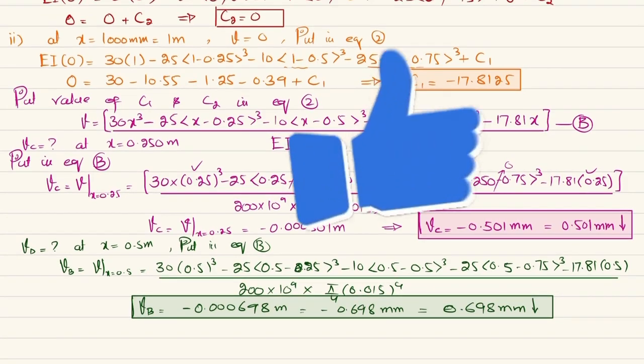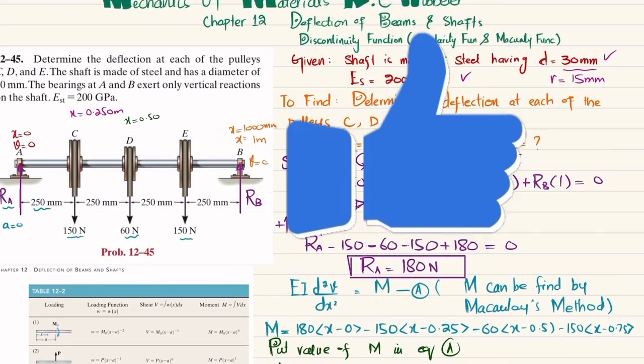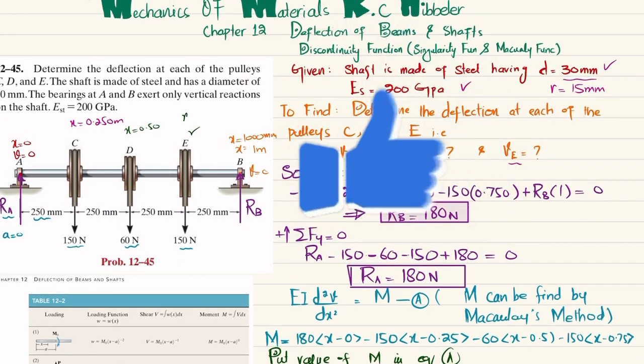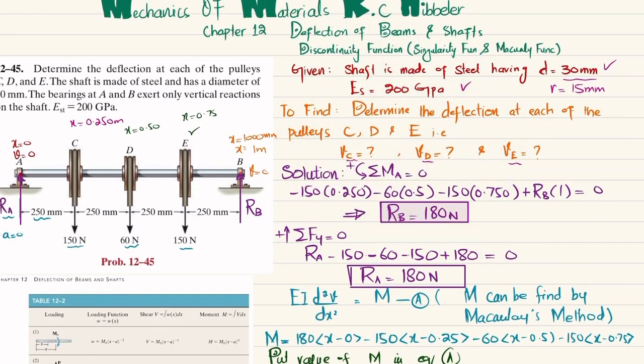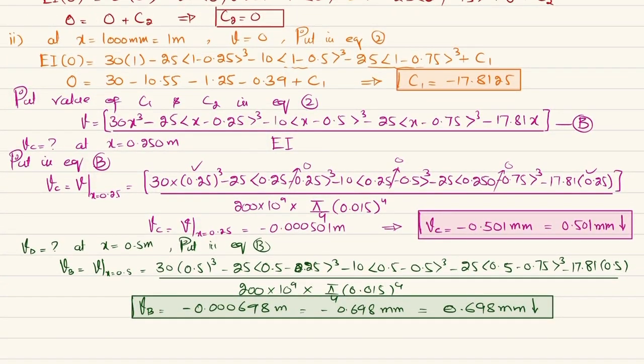What we can do is that we have to find deflection at point E. So here x is equal to 0.75 meter. So VE is V at x is 0.75.